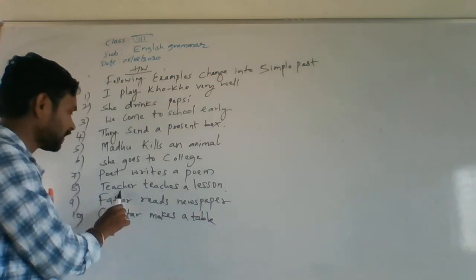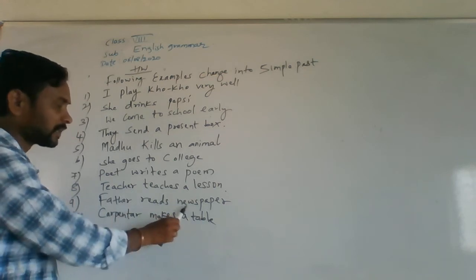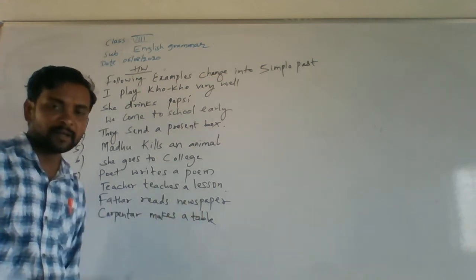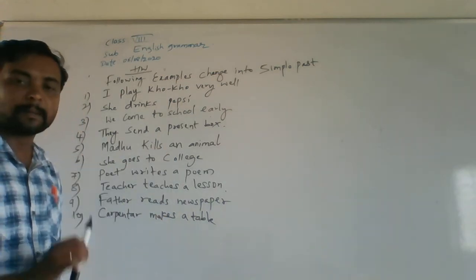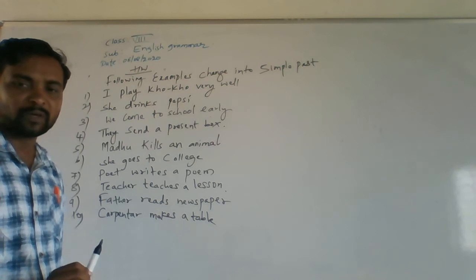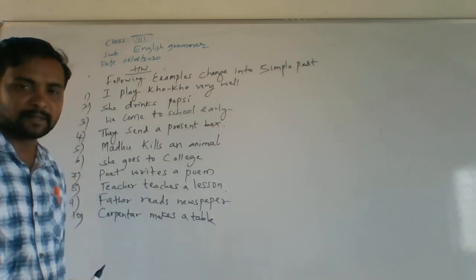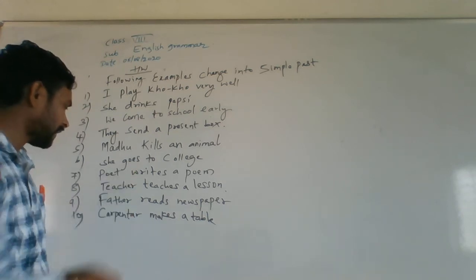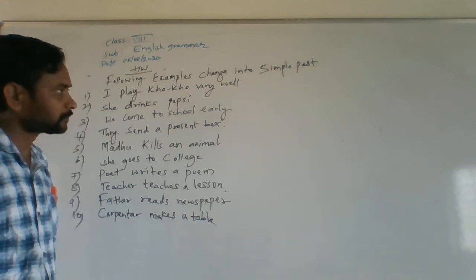Eighth one, teacher teaches a lesson. Ninth one, father reads newspaper. Then carpenter makes a table. So all these are examples. You change them into simple past. First you write down, later I will give you another homework.